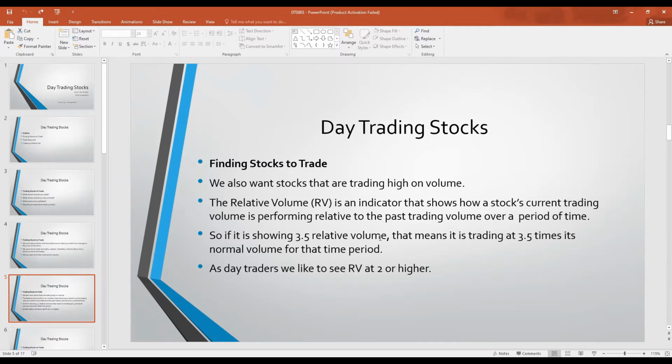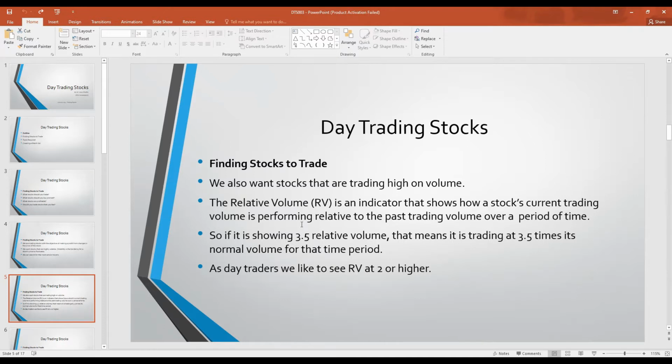What the relative volume does is look at the current trading volume and compare it to the past trading volume. So if the value is 3.5, this means that the volume of the stock that is trading now is 3.5 times higher than the volume that normally trades.